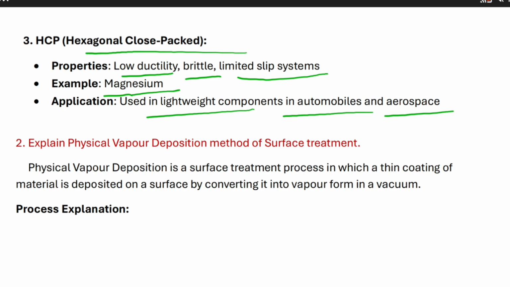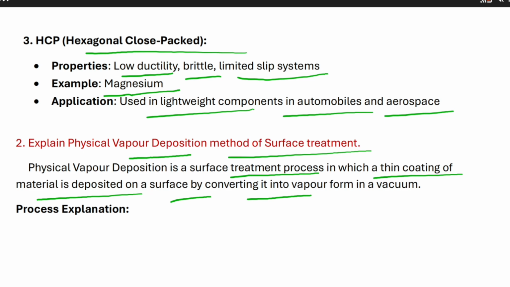Second question, explain the physical vapor deposition method of surface treatment. Before going to that, we should know what we mean by physical vapor deposition. It is a surface treatment process where a thin coating material is deposited on a surface by converting it into vapor form in a vacuum.